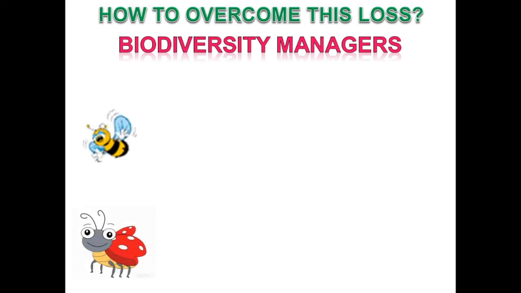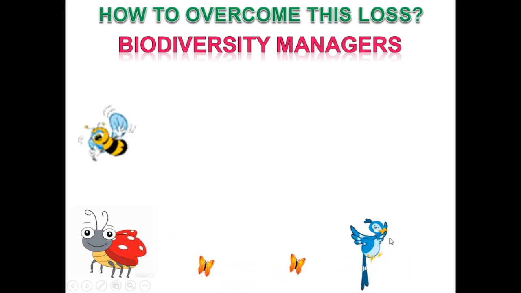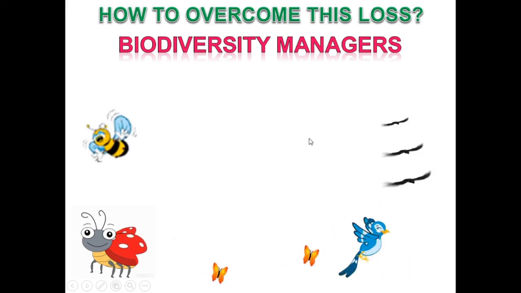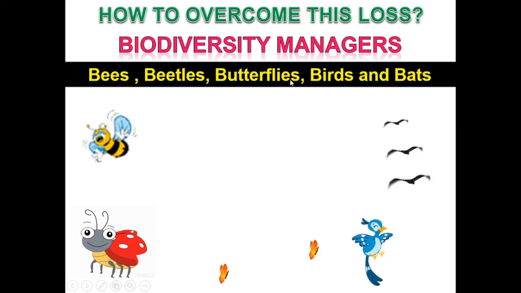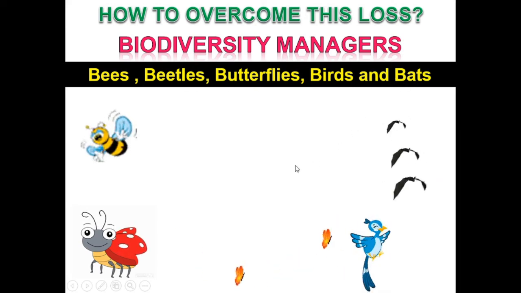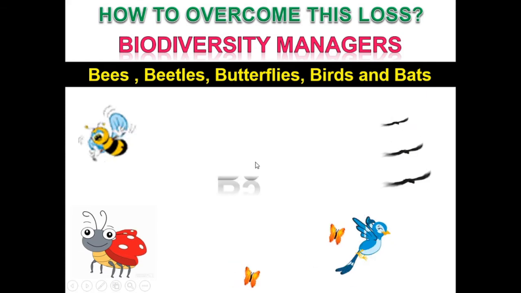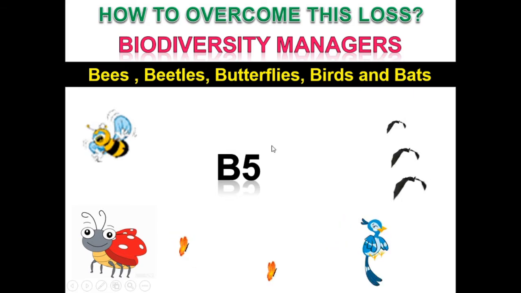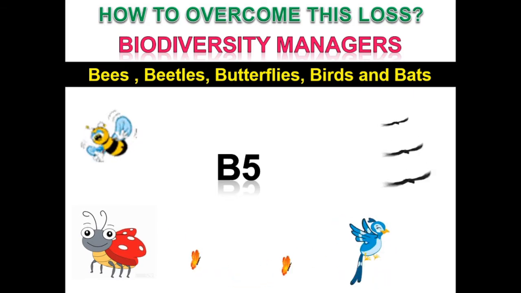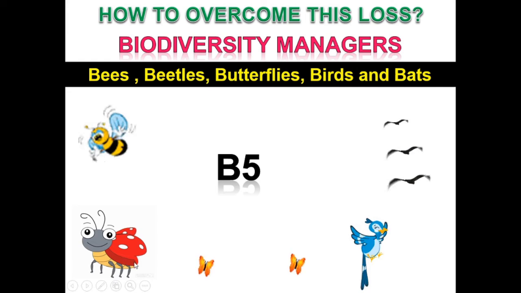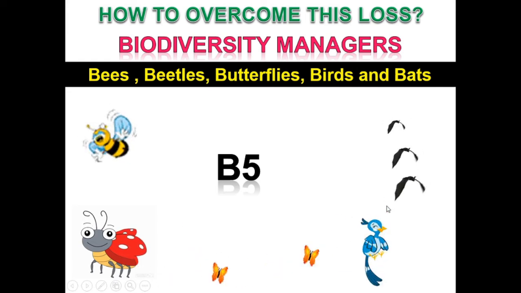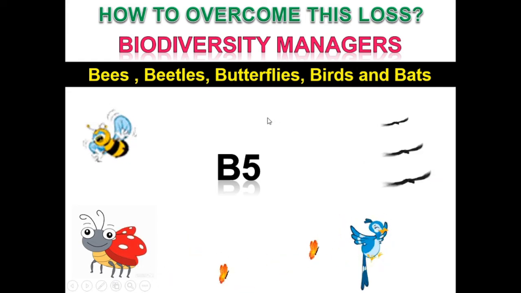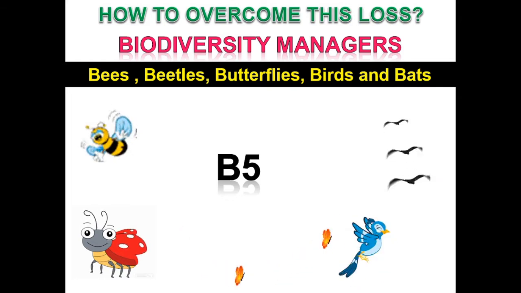The first one is honeybee, the second one is beetle, the third one is butterfly, the fourth one is birds, and the fifth one is bats. These are the 5 biodiversity managers. That's why I have mentioned in my title Role of B5 in Biodiversity Conservation. So bees, beetles, butterflies, birds, and bats play an important role in biodiversity conservation.